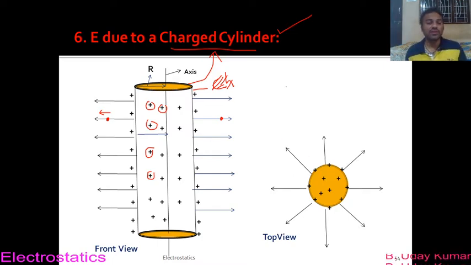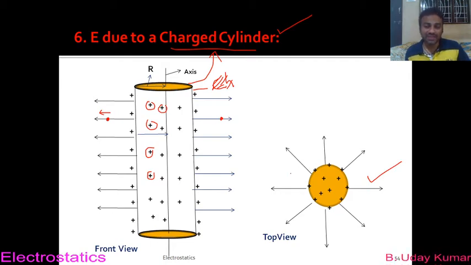If I look at the charged cylinder from front or side, the electric lines of forces will be only towards right and left. It looks like that, but actually the electric lines of forces will be directed in all the directions. You can understand that with the help of this diagram.